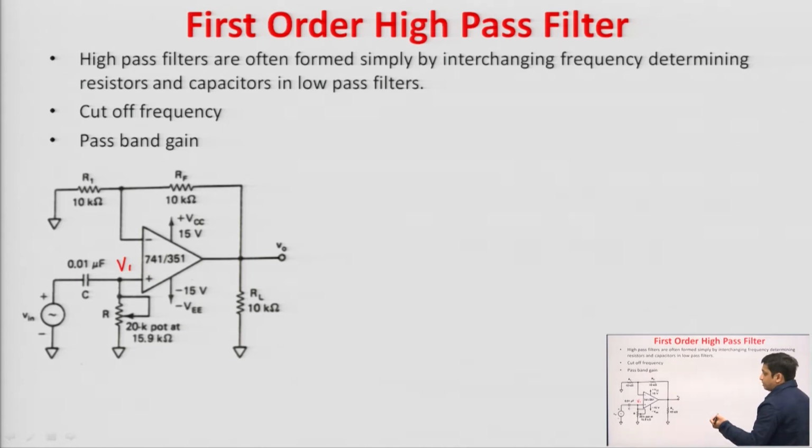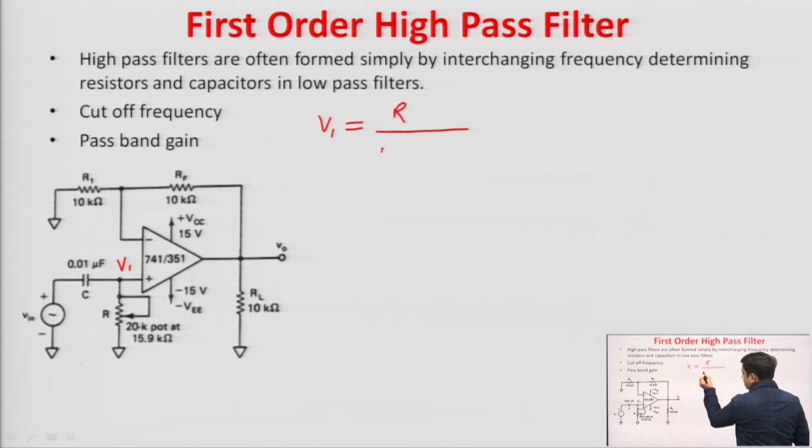So, what will be the value of V1? By voltage divider, V1 will be equal to R upon R plus the impedance of the capacitor C, that impedance is 1 by SC.